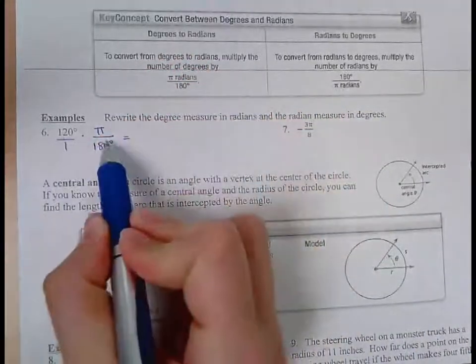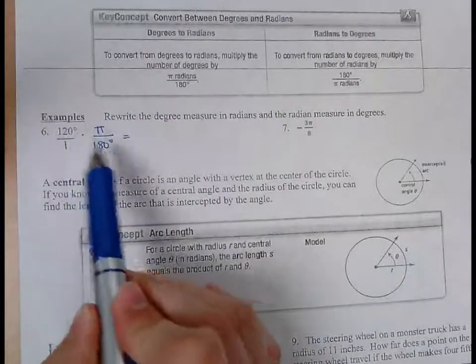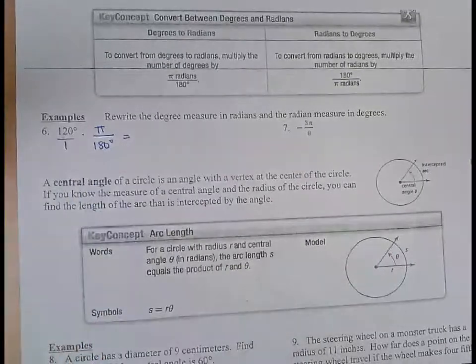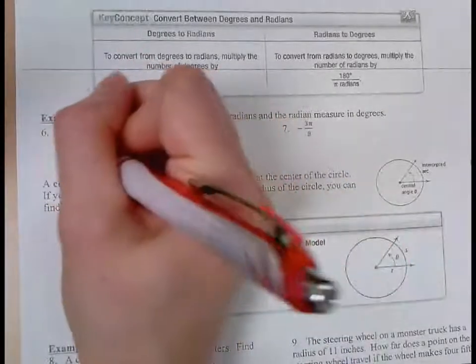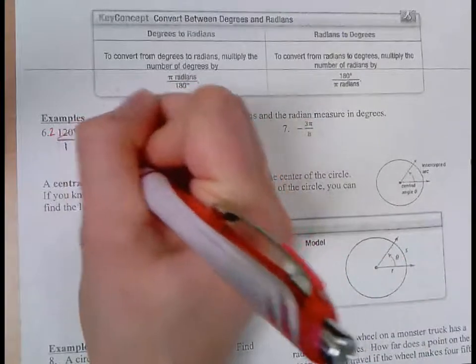And then to multiply these, you would just multiply across the top and the bottom and simplify, or you can cross simplify. So I could cross simplify 120 and 180. I can divide them both by 60, so the 120 would become a 2, and the degrees do cancel out.